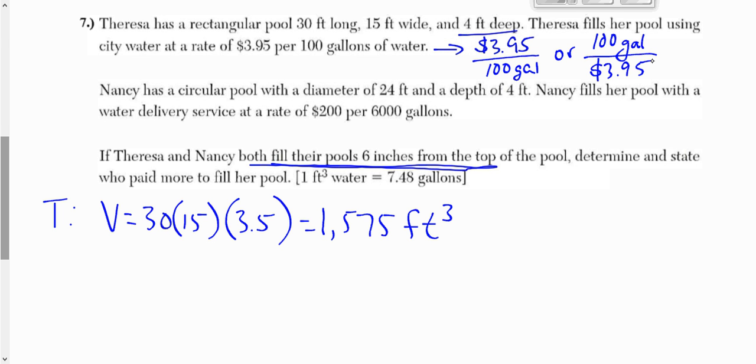We want to have feet cancel out and then be left with what? Okay. Oh, by the way, we also have a ratio here that we need to use, don't we? What are the 2 ratios here? 1 cubic foot to 7.48 gallons or what?